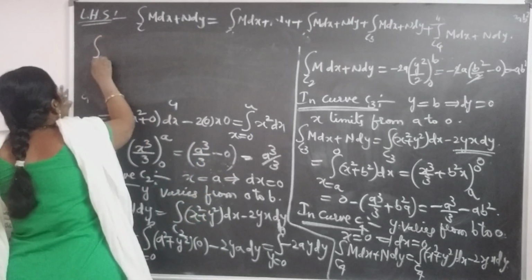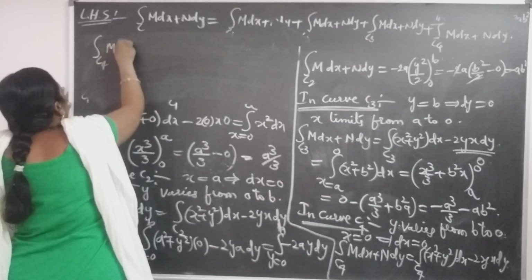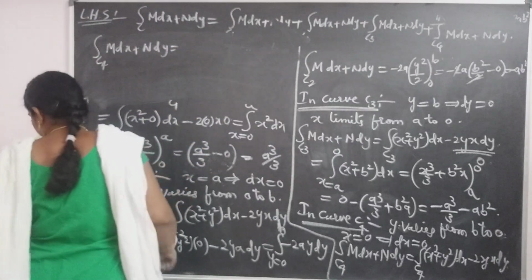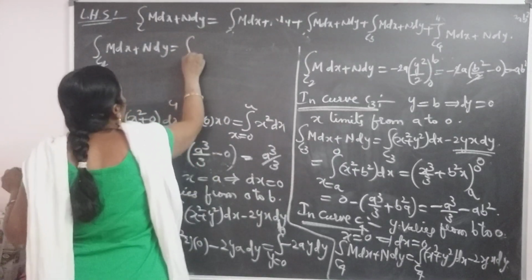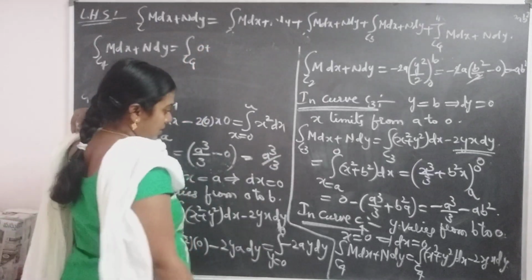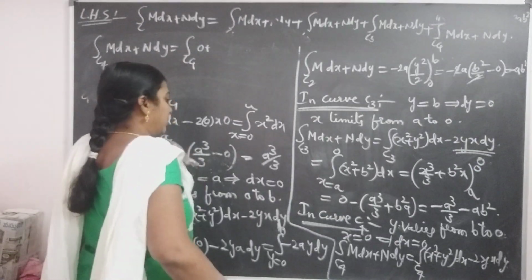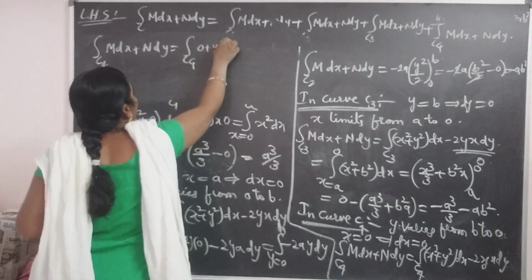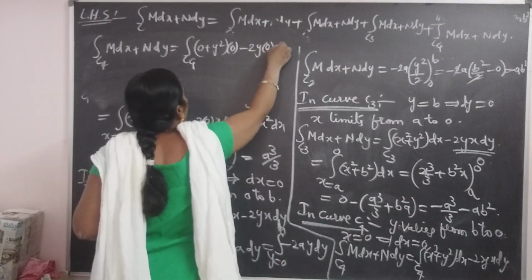Then it equals the integral over C4 of 0 plus, with x is 0 and dx is also 0, minus 2y into 0 into dy.